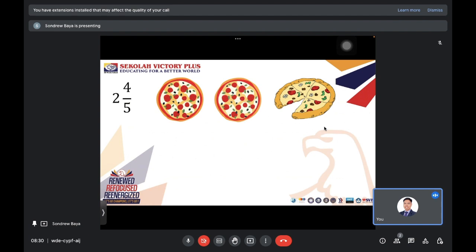So what if we are going to write this into a decimal? Okay. Now, since we already have here the whole number part, we don't have to convert this into a decimal because we know that this is a whole number. And thus, what we need to focus more on will now be the fractional part, 4 over 5.